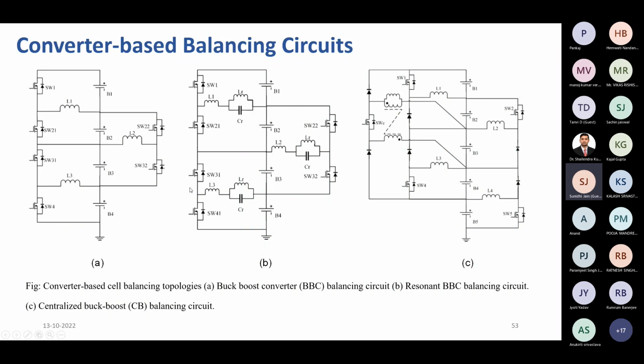The previous one was capacitor based, and if I go for a converter based balancing method, we can see a buck boost converter based balancing method, where we have four cells.